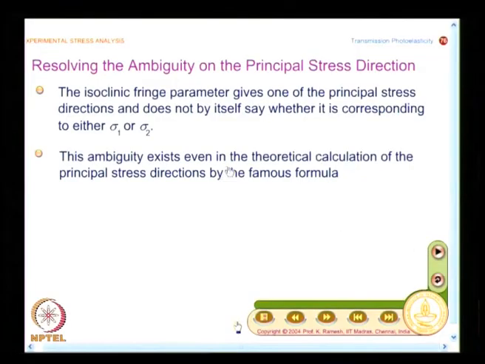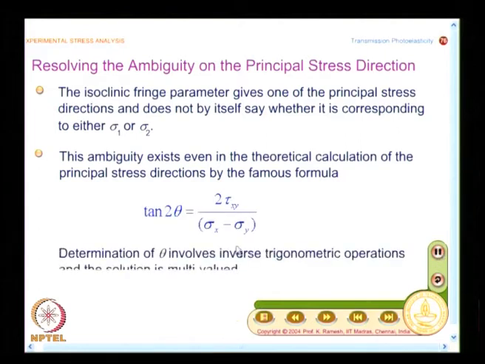I had mentioned a long time back that you need a calibration of the polariscope to do this. Is this a problem only in the experimental approach? No, we have also seen that the ambiguity exists even in the theoretical calculation of the principal stress directions, by the famous formula you all know, tan 2 theta equals 2 tau xy divided by sigma x minus sigma y.